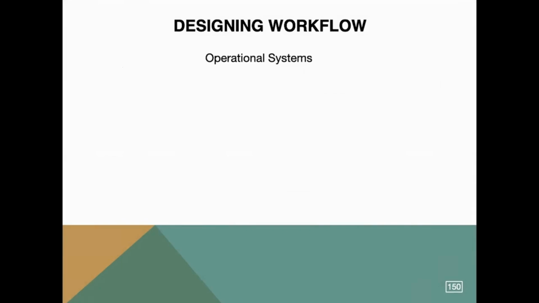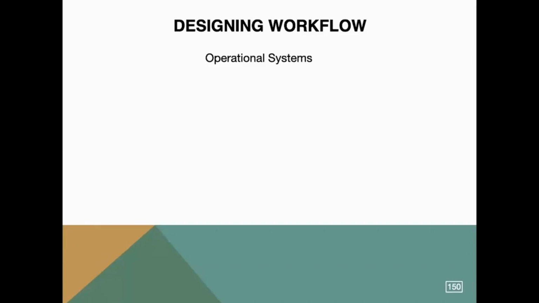Within most companies, it's just a handful, 3, 4, 5 operational systems. They might include sales and marketing, operations, accounting, HR, the big operational units within every company. So step one is to identify what are the operational systems within my company.